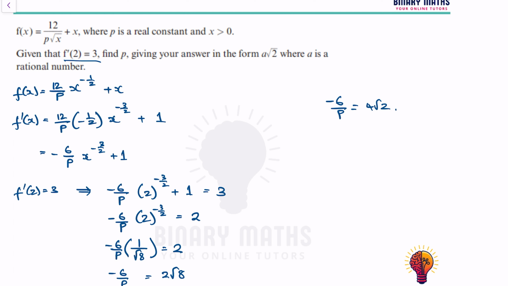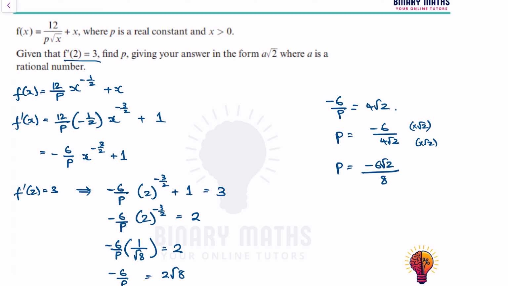So that means p must be equal to minus 6 over 4 root 2. Now we want it in the form a root 2, so I need to multiply top and bottom by root 2. So p is equal to minus 6 root 2 over 4 root 2 times root 2, which gives me 4 times 2, which is 8.